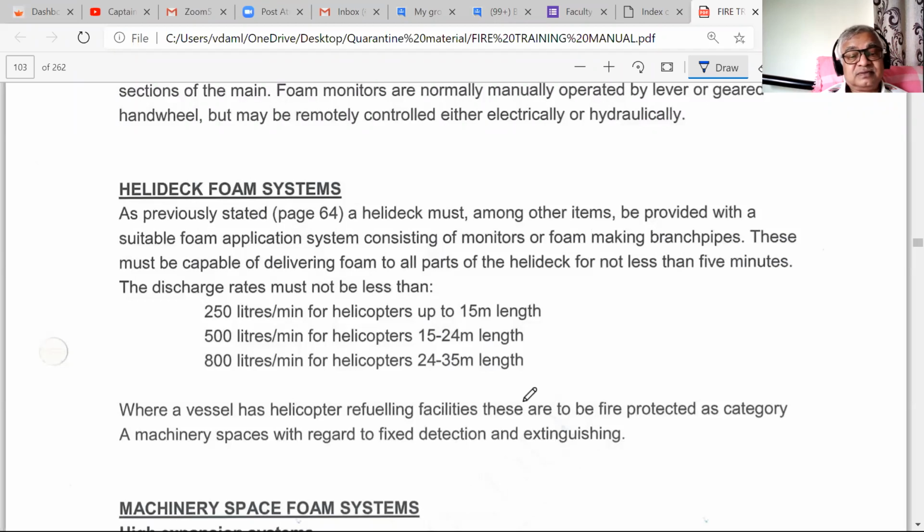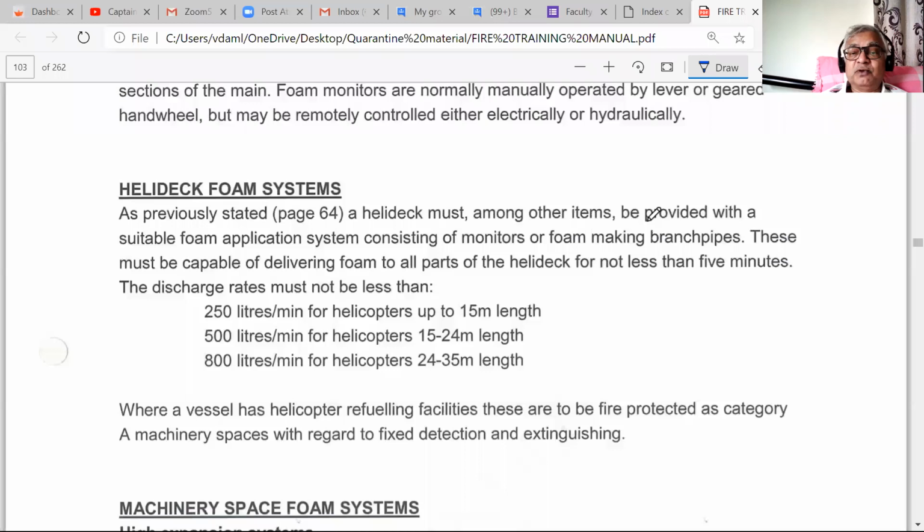So helideck foam systems must be ready. You just coat everything with foam, because the moment a helicopter or anything crashes, there will also be a fuel tank crashing. At least that is what we think. So first thing you do is coat it with foam, so even if fuel is leaking, it will not catch fire.